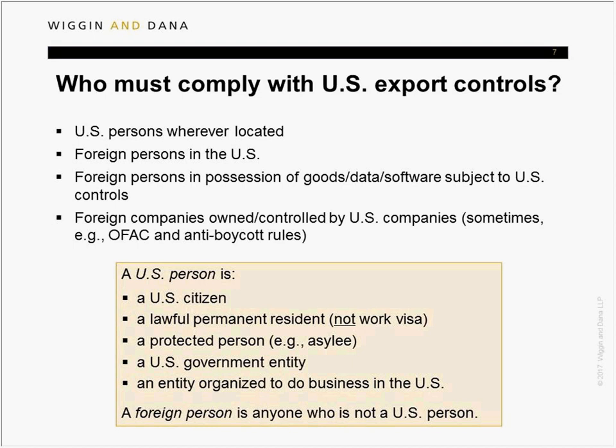Protected persons, who are, for example, asylum seekers who've been granted asylum, U.S. government entities, and entities that are incorporated or otherwise organized to do business in the U.S. Those are all U.S. persons. But everybody else is a foreign person, and that means that you need to be aware of those folks because transferring information to them can constitute an export.